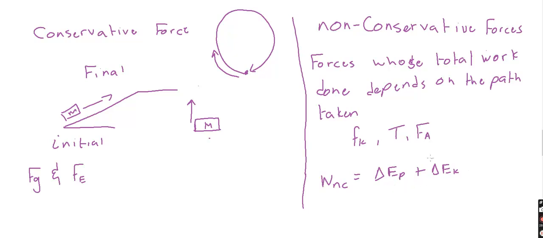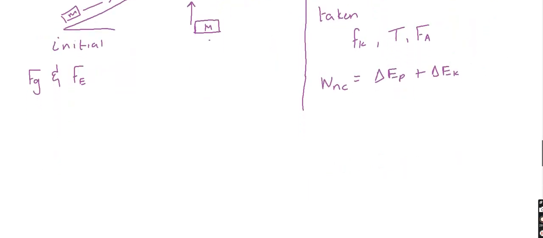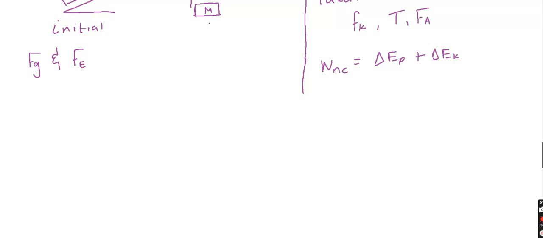Normally this answer should come out as negative if that non-conservative force is friction, but it should come out as positive if it's an applied force, or if the force is in the same direction as the displacement. You will see when we're going over these problems that it naturally puts itself in place.